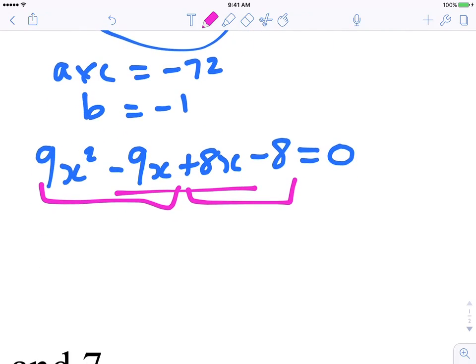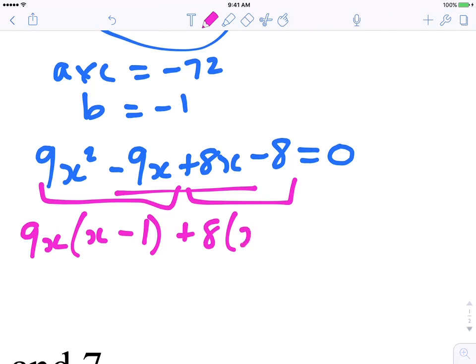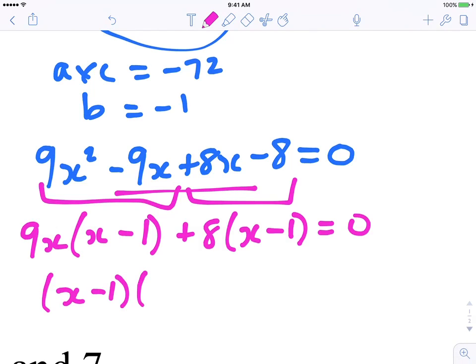We take the greatest common factor between 9x squared and minus 9x, which is 9x, times (x minus 1). Then the greatest common factor between 8x and minus 8 is positive 8, and that will also be (x minus 1). In this case, we write (x minus 1) times (9x plus 8) equals 0.